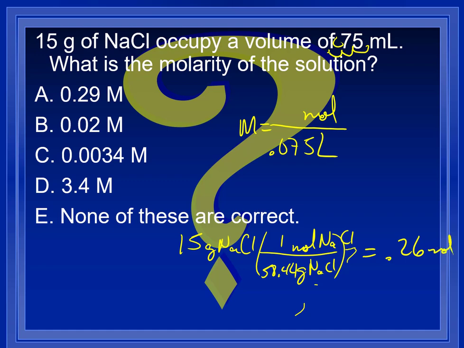I put that 0.26 moles up there. And it's got to be moles over liters. And then like converting. Yeah, you could, but the conversion would have been this right here. It is the same math. No, it's okay if you did it that way. It's the same math. I just did it in 2 separate problems. Okay, divide that by 0.075.